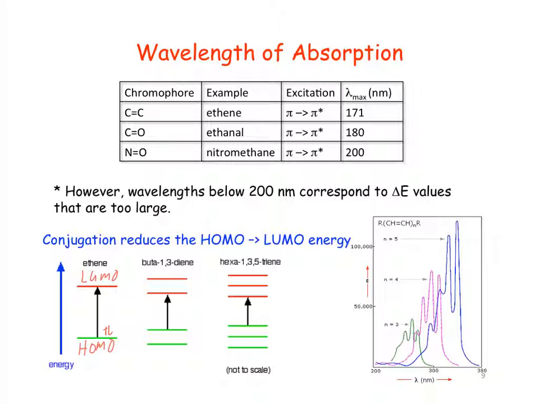So as we have more, not just any pi bonds, more conjugated pi bonds, the delta E is smaller. It's only when we get to at least butadiene, so two double bonds, that we can even start to observe it.